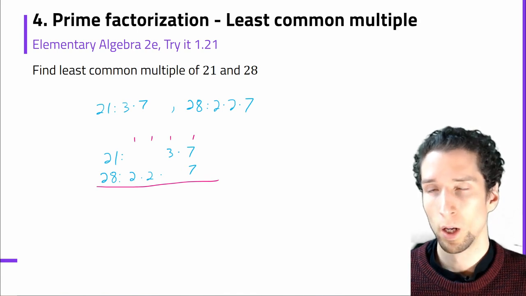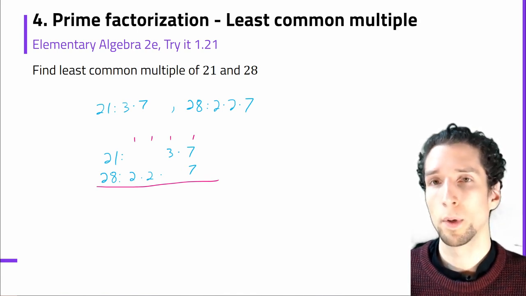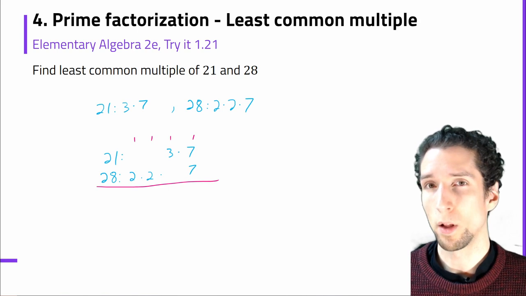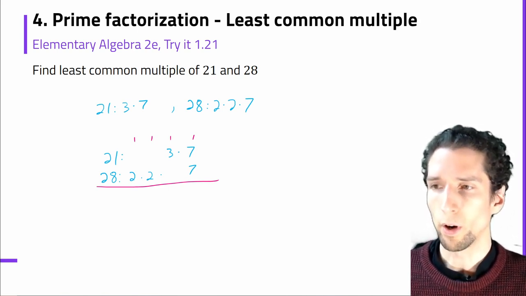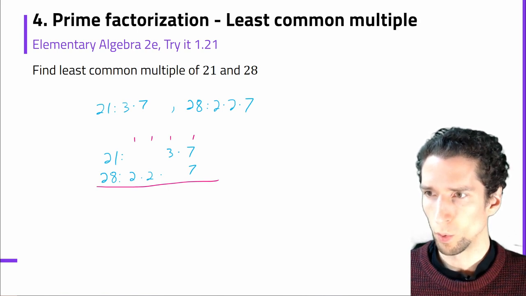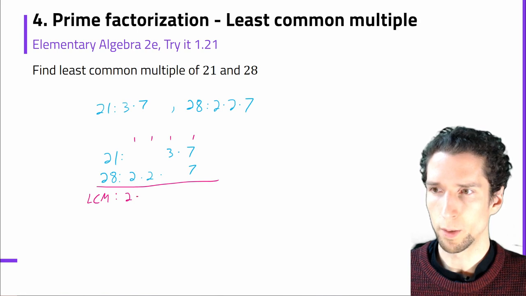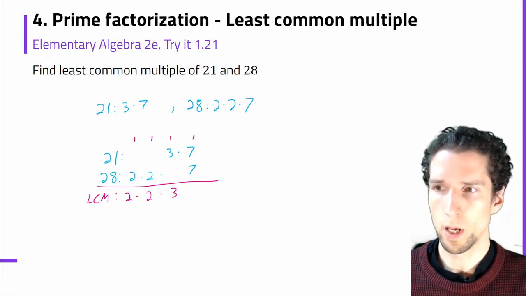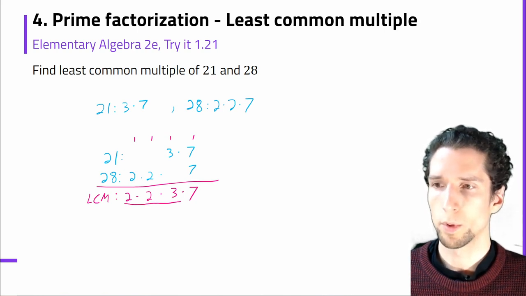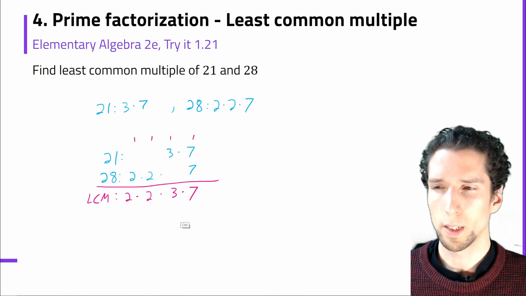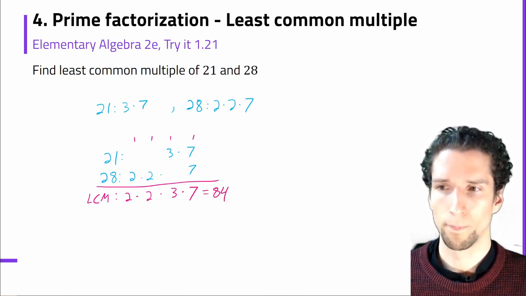So that makes our least common multiple at least a little bit smaller than just directly multiplying the two numbers together. So least common multiple, 2 times 2 times 3 times 7. 2 times 2, that's 4, times 3 is 12. 12 times 7 is 84.